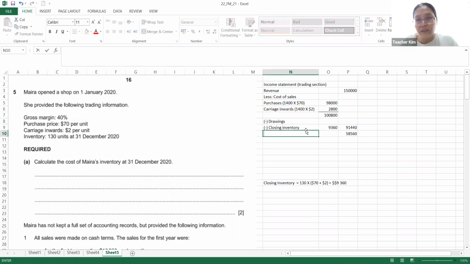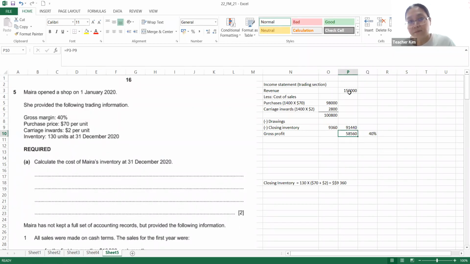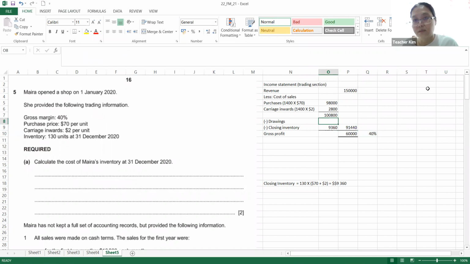So what we got to do is gross profit. This gross profit, we have to take 40% of the revenue. So we take this one times 40%, so 60,000. Now we can calculate backwards. So here we take this minus this, we get this.